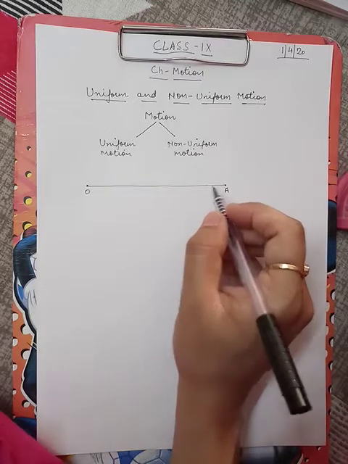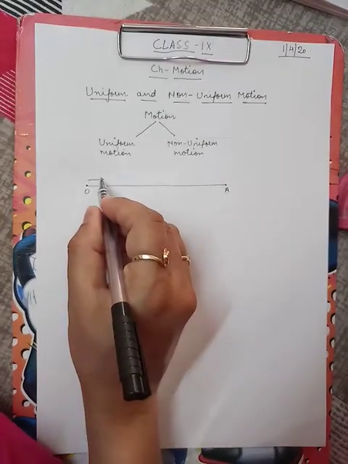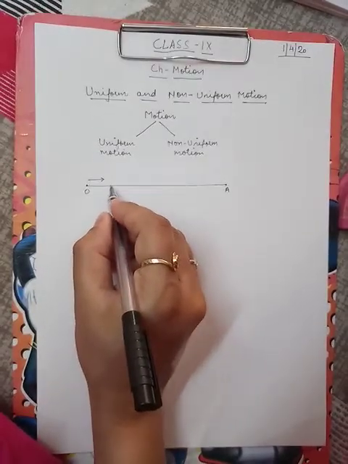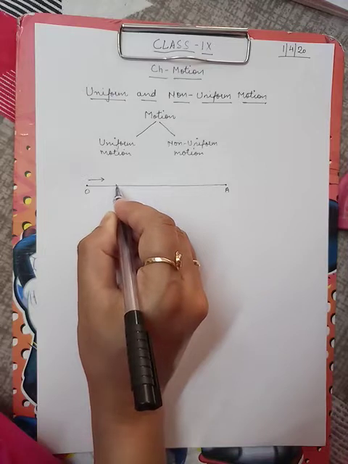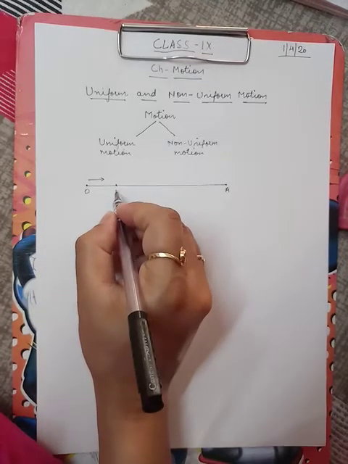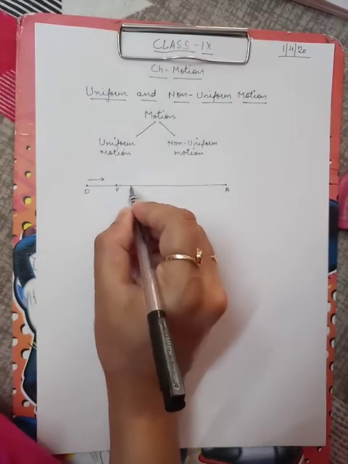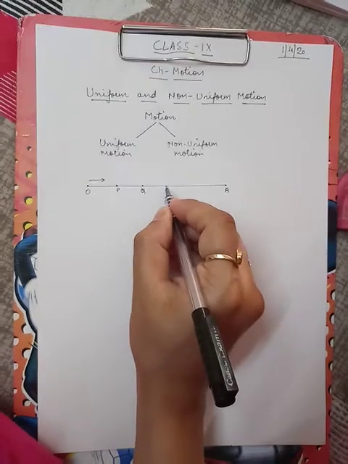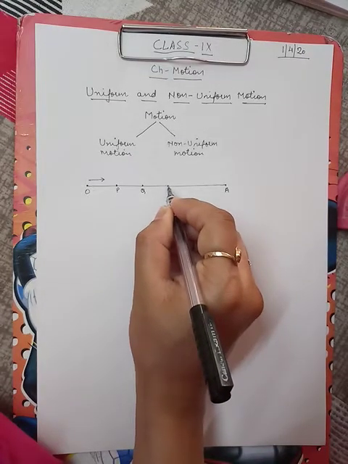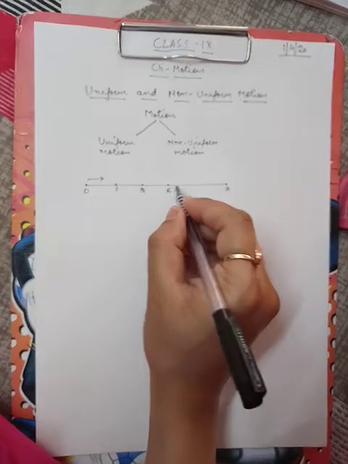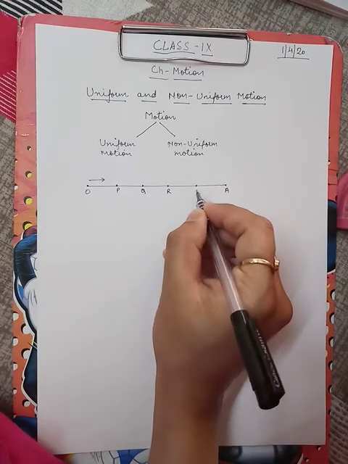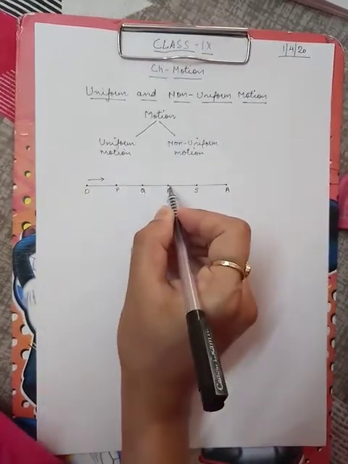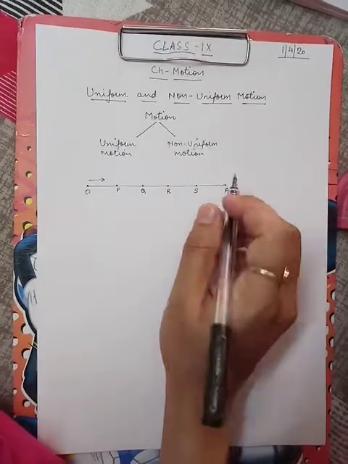is A. Okay, if the object is moving in a straight line in this direction, the object first of all moves till this point, suppose P, then the object moves till this point, that is Q, then the object moves till this point, that is R, then the object moves till this point, that is S. So the object is covering some distance in this case and reaching point A, suppose.